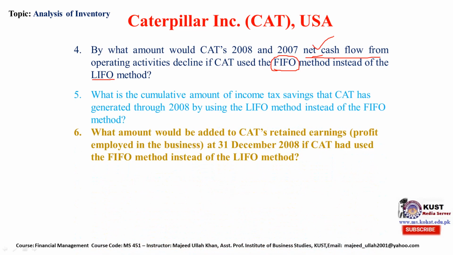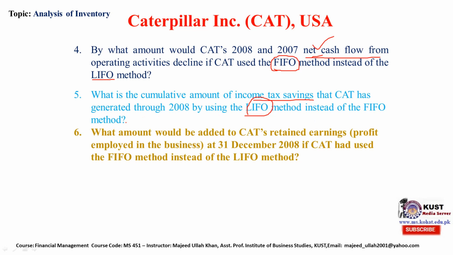Fifth requirement is what is the cumulative amount of income tax saving that Caterpillar has generated through 2008 by using the LIFO method instead of the FIFO method?